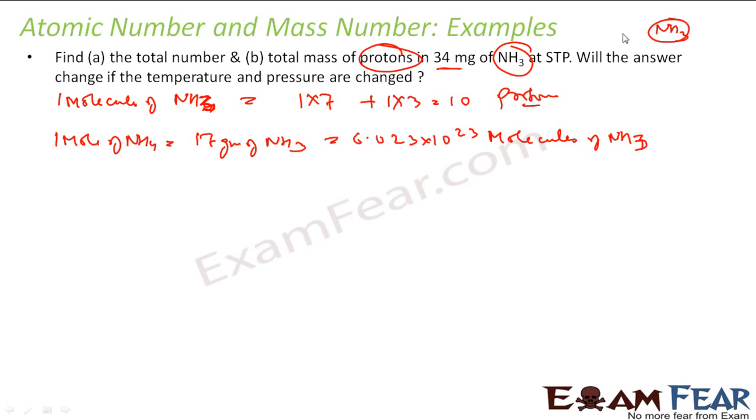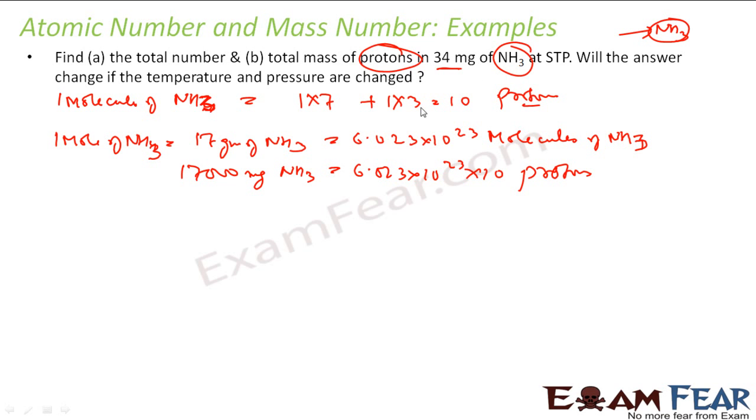So this is molecules. Now I am asked 34 milligram. 17 grams is this many molecules, and these many molecules have these many molecules into 10 protons. So 6.023 into 10 to the power 23 into 10 protons here. I'm looking for protons, and that is for 17 grams, so I'll write 17,000 milligrams of NH3.